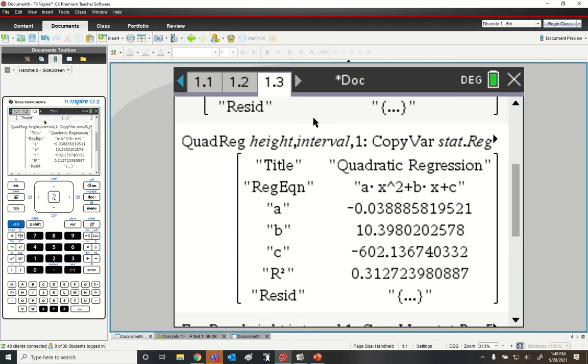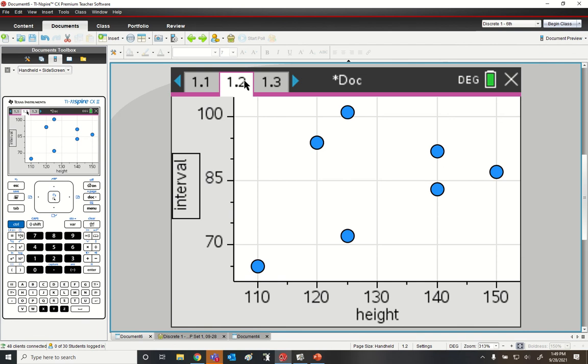I'm going to go back to my graph, which is on my 1.2. And now I'm going to put a line on there. So this is going to be one of those steps that we didn't do very often. We did do it at the beginning, but we didn't do it as much later on in this unit.